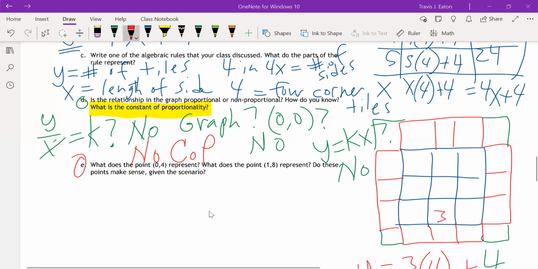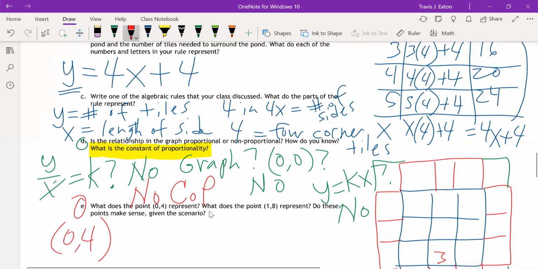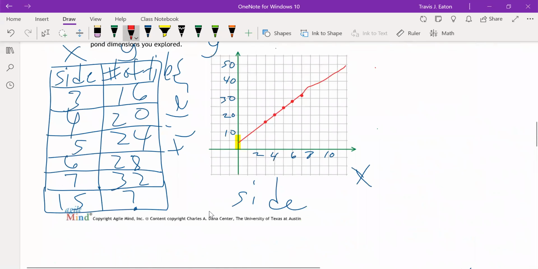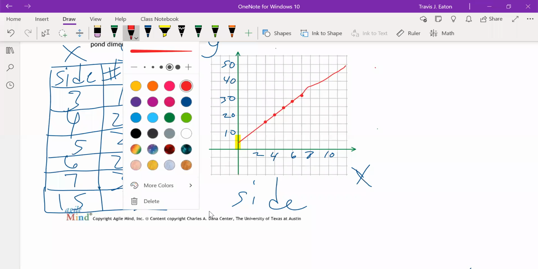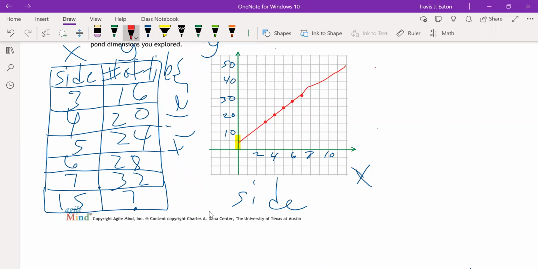Remember, that's an XY pair, right? An ordered pair of XY. So if we look at our graph, 0, 4 would be right here.